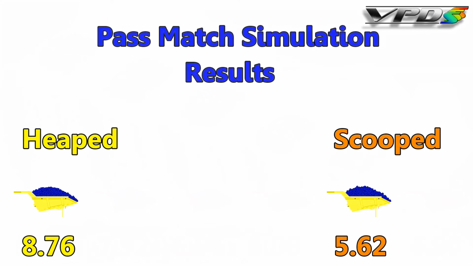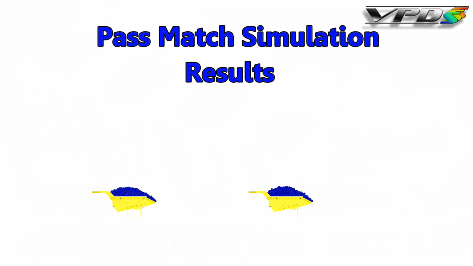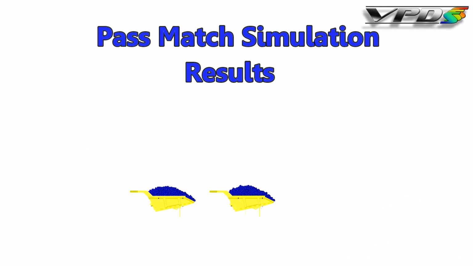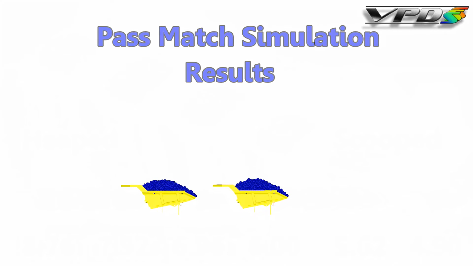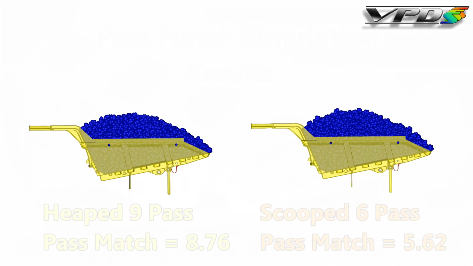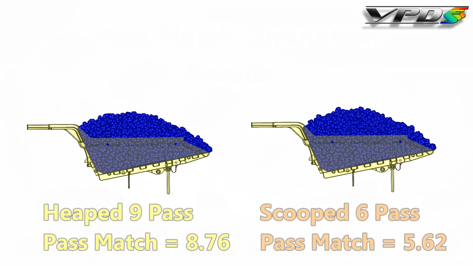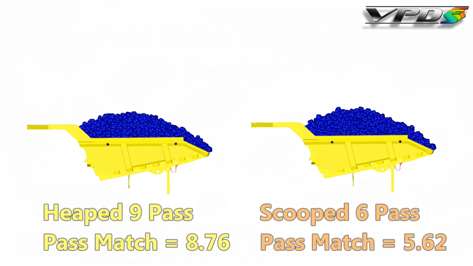And here we have the 2 pass-match ratio results for each dump body that did not underfill the dump body. For the fully loaded dump bodies, we have a pass-match ratio of 8.76 from the heaped pile and 5.62 from the scooped pile.